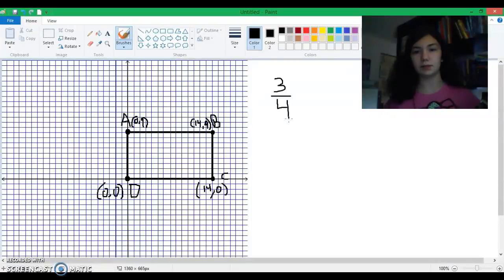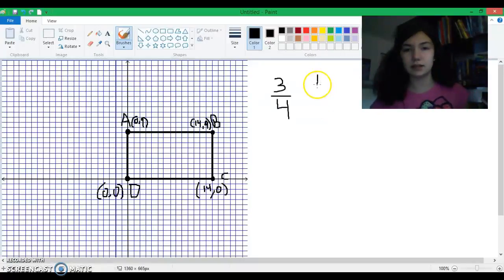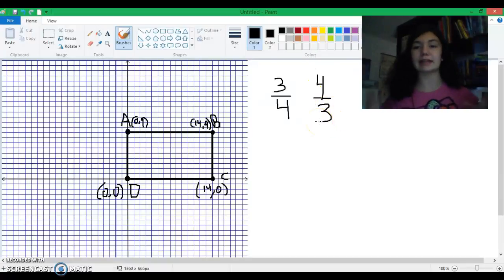If the scale factor is less than 1, then the dilation will be a contraction, which means it will become smaller. Now, say if we switch the numerator and denominator, that would make it 4/3.